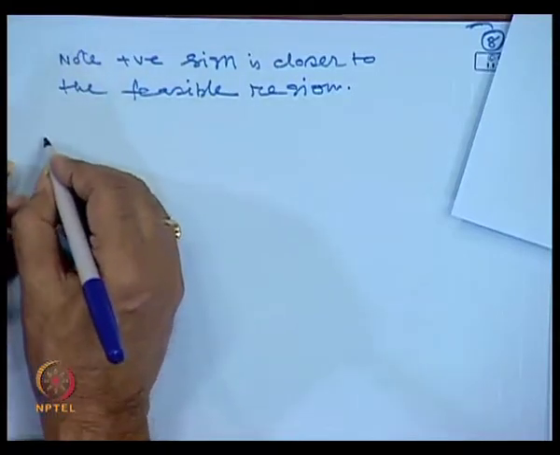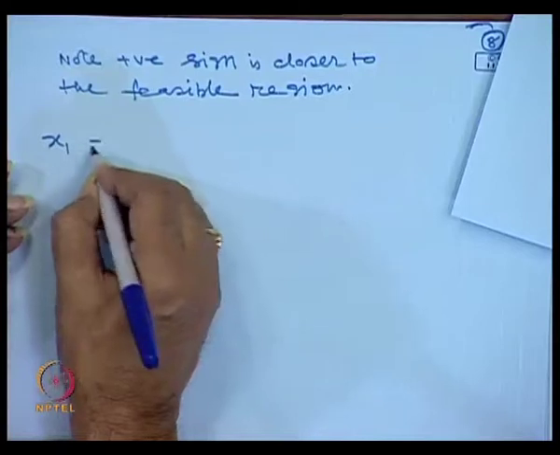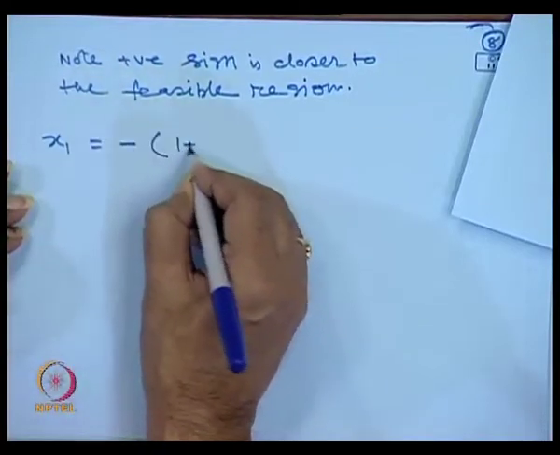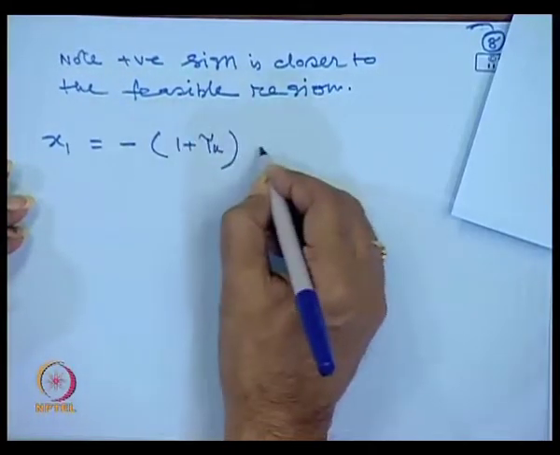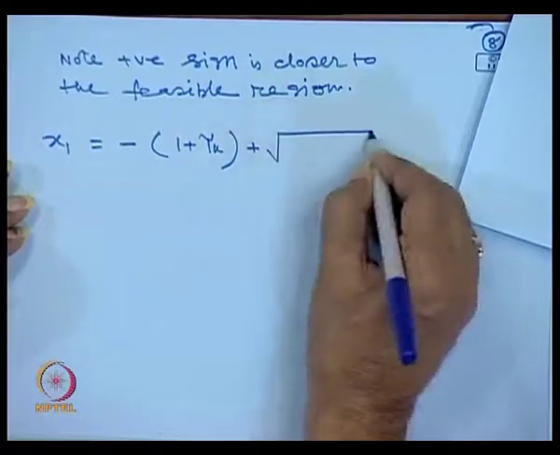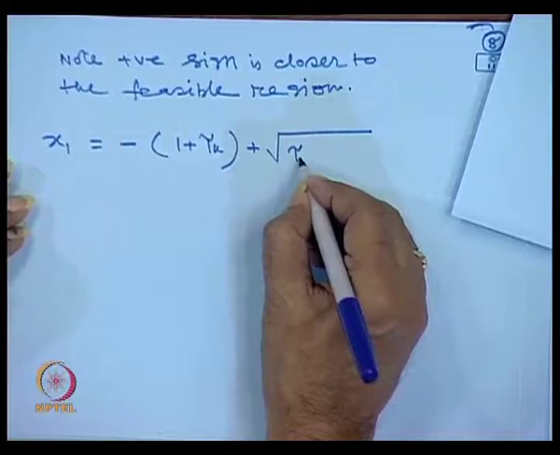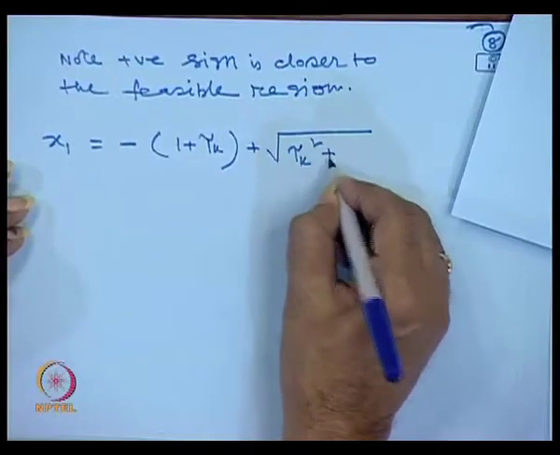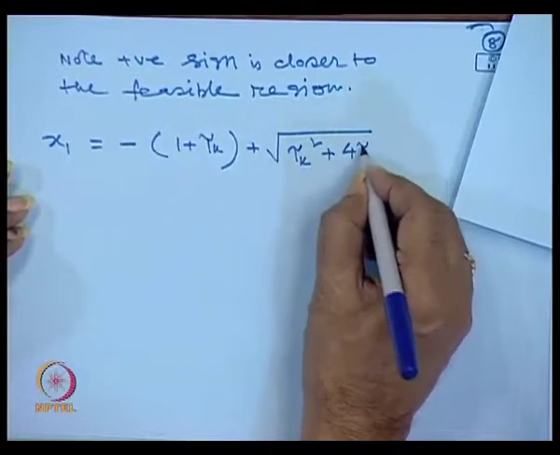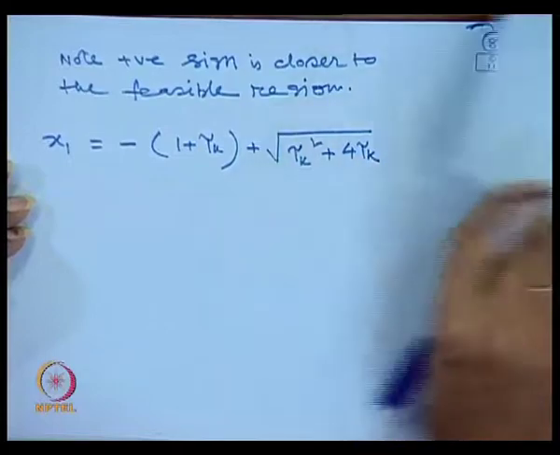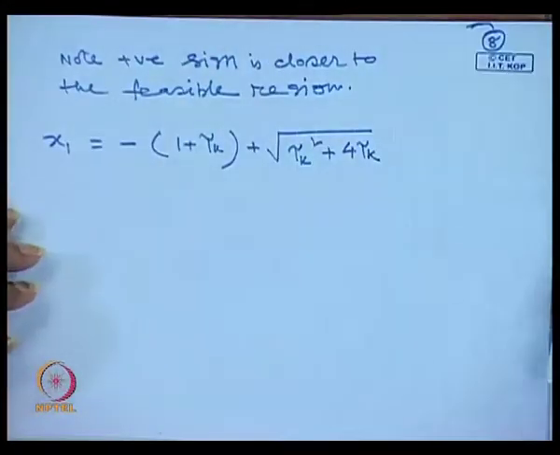So, our x is equal to x 1 is equal to minus 1 plus tau k plus, that you can write it tau k square plus 4 tau k. Suppose if you take it inside, it is like this way.